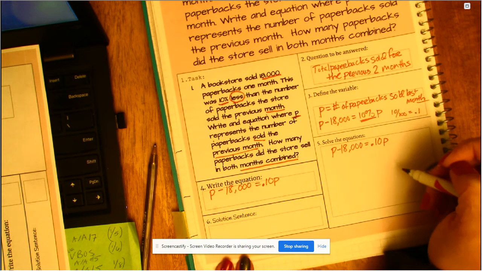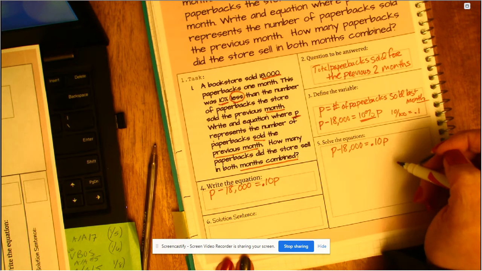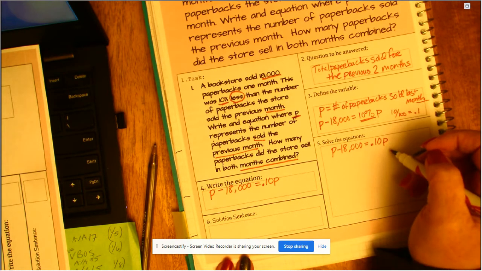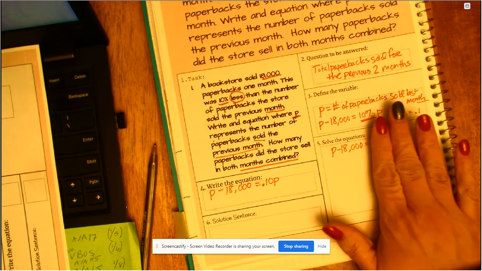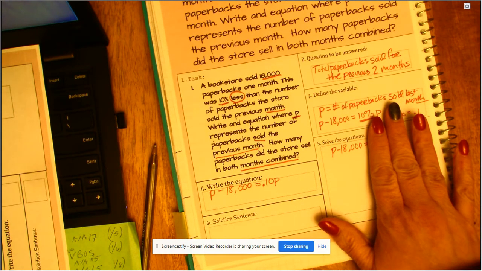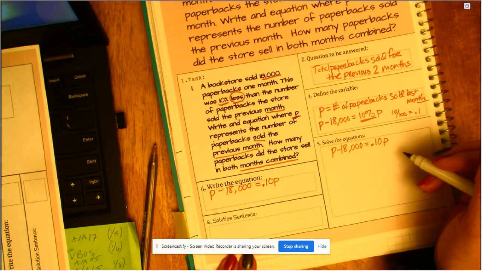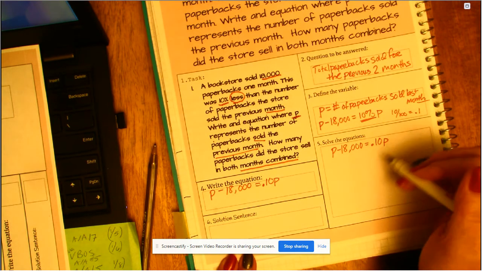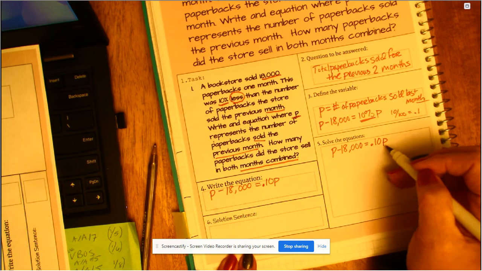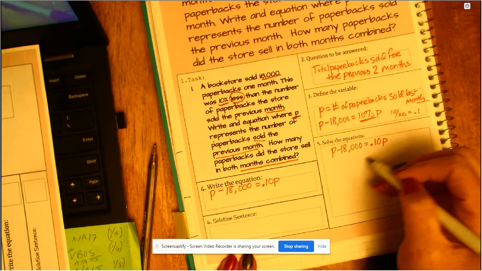Here I'm going to use my 5 steps for solving equations. I don't have any distribution. I don't have any combination, because there's only one place where I have 2 terms and they're not alike. So now I'm going on to rewind. I need to get all of my P's on one side. Because this P is already isolated, I'm going to move this P over here.